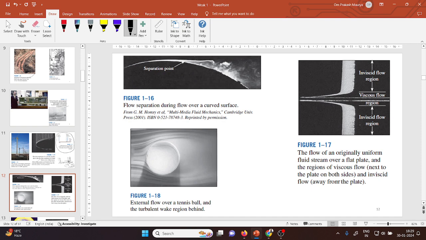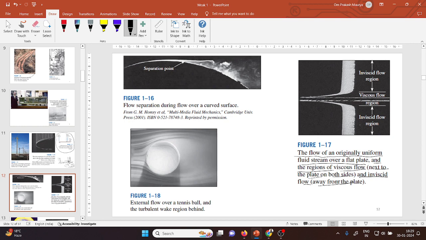So here you can see another experiment, the flat plate experiment. The flow of an originally uniform fluid stream over a flat plate, and the region of viscous flow next to the plate on both sides, and the inviscid flow. Here you can see this is the plate, and your flow is this way.